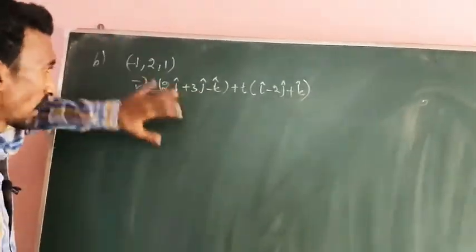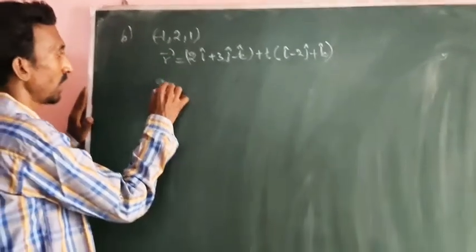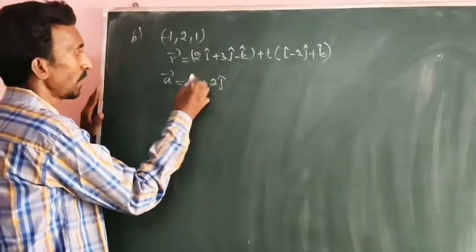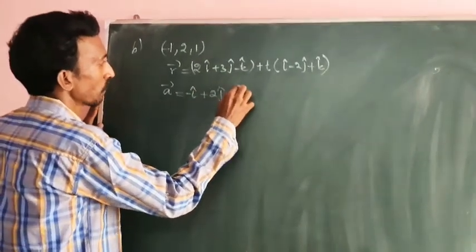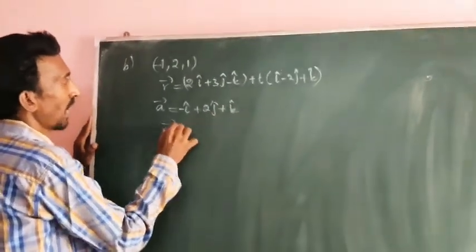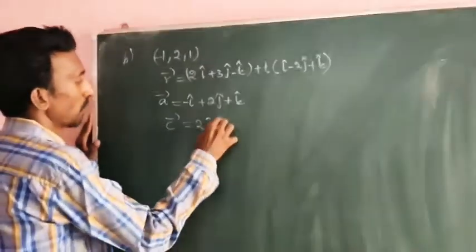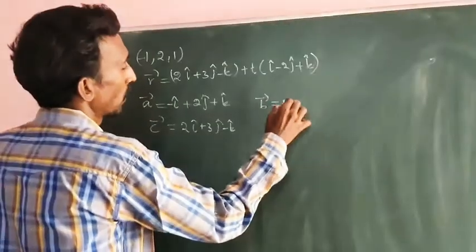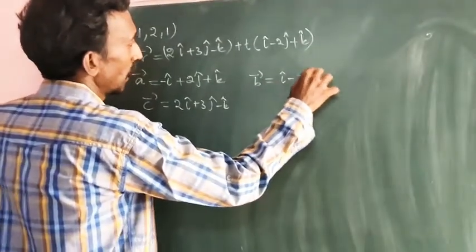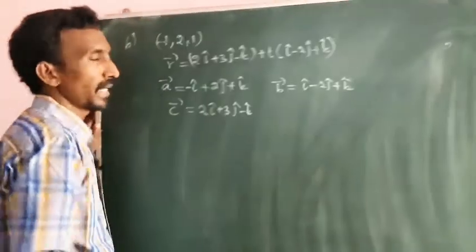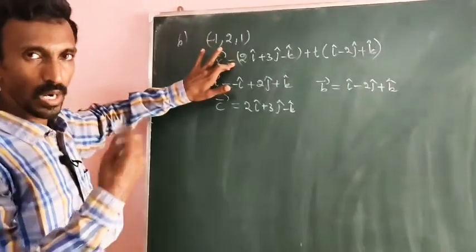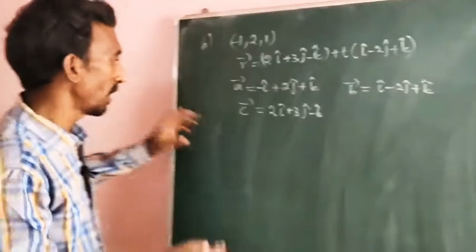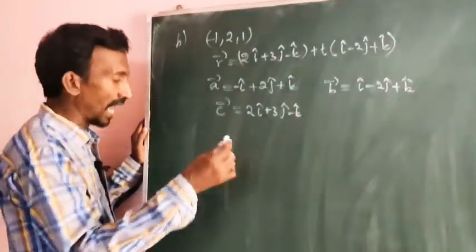So from the given information we are observing that a vector equal to minus i plus 2j plus k, and C vector equal to 2i plus 3j minus k, and B vector equal to i minus 2j plus k. Given that this line and the required line are parallel, therefore this is the parallel vector for the required line. Therefore we can write the answer directly.